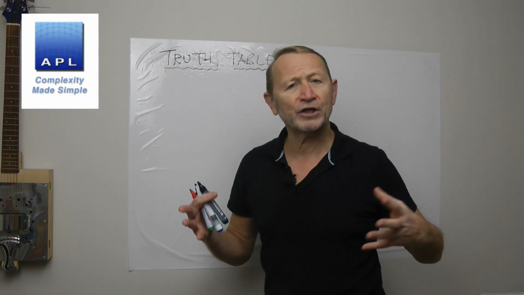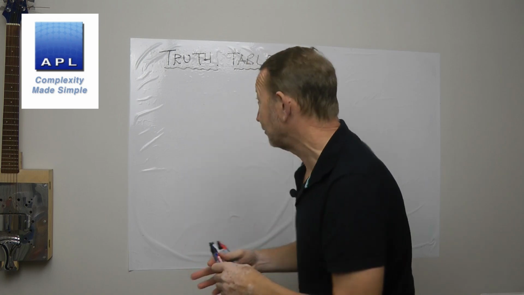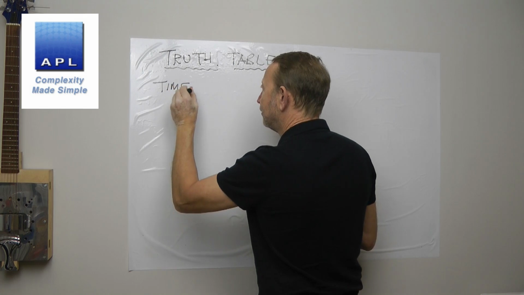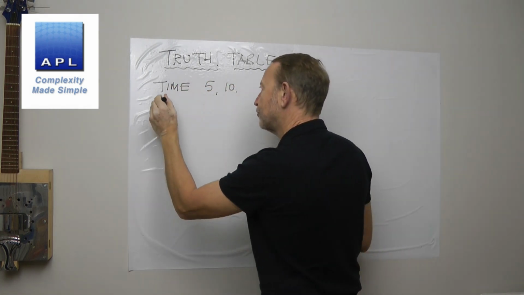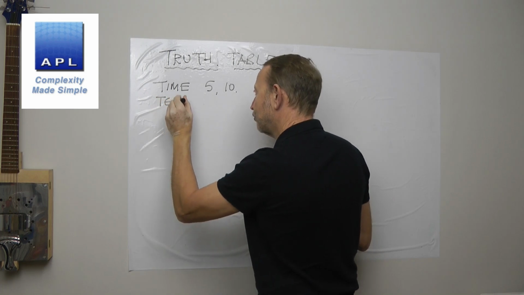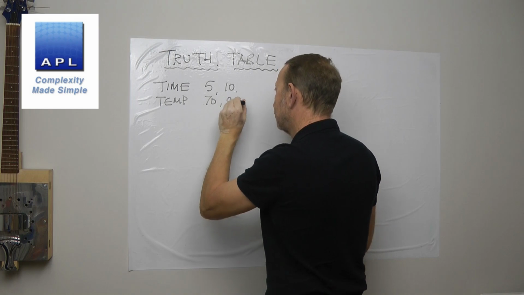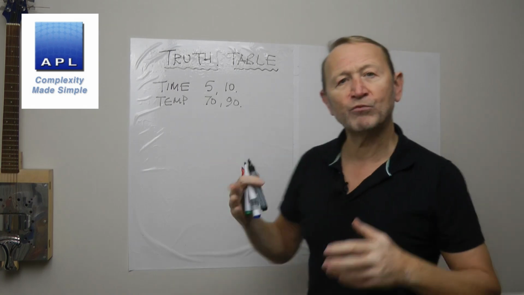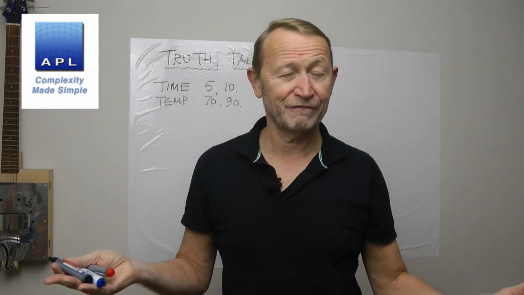So okay, we're gonna just talk about the system. I'm gonna suggest that the system's got two variables. So we're gonna suggest that we're dealing with time, 5 seconds and 10 seconds, and we're dealing with temperature, 70 degrees to 90 degrees. Now that's the window in which we think we will produce items of value.